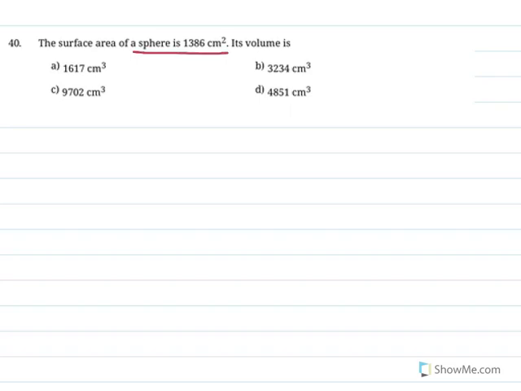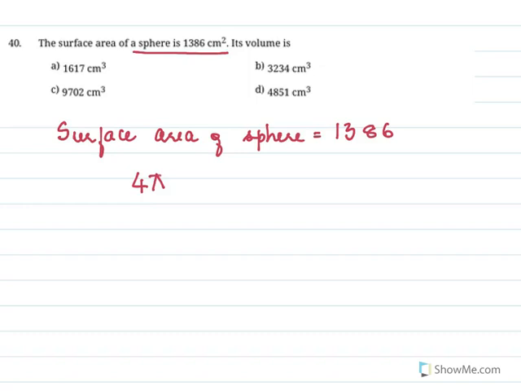The surface area of a sphere is 1386. So surface area of sphere is 1386. So surface area is 4 pi r square, 1386. So 4 into 22 by 7 r square, 1386.